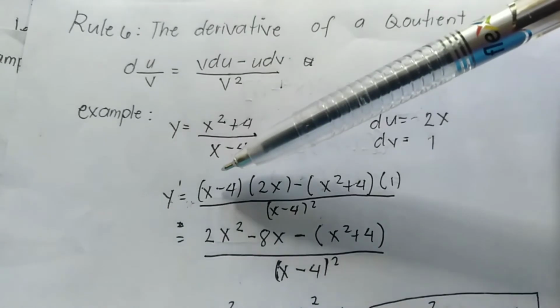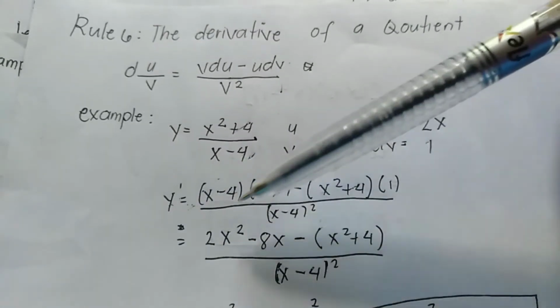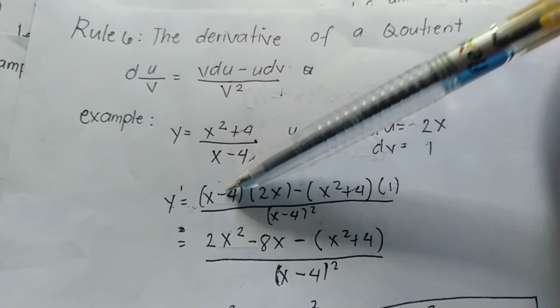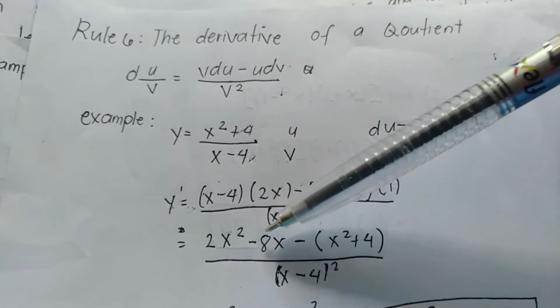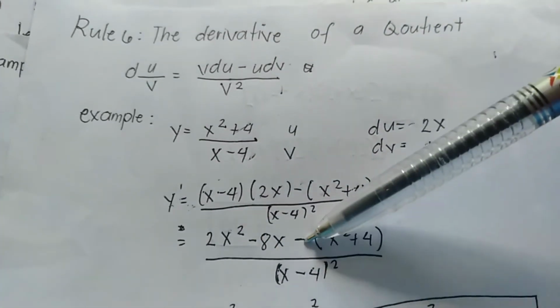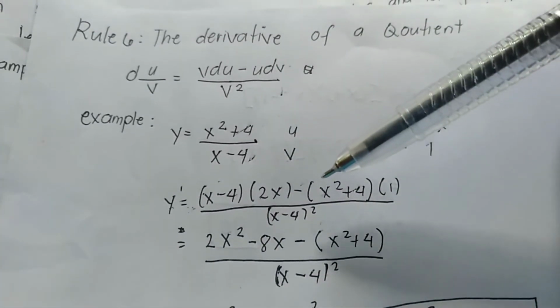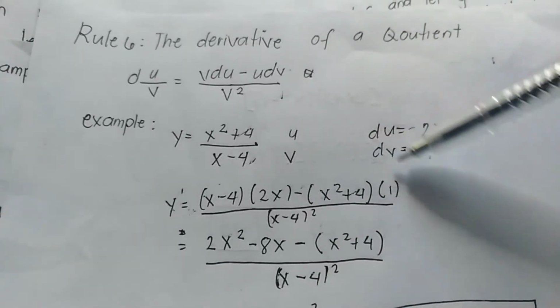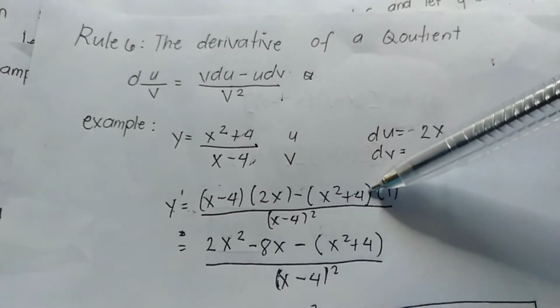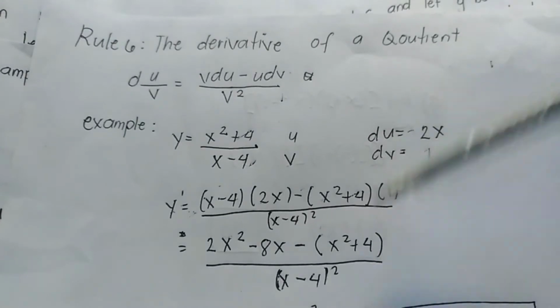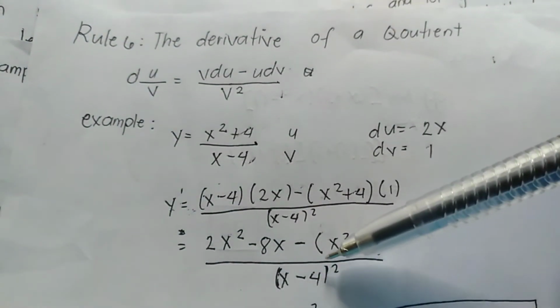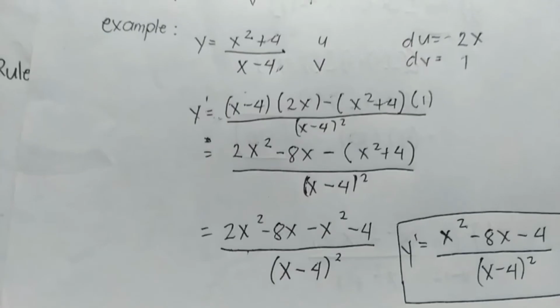Then simplify. x times 2x is 2x squared, and negative 4 times 2x is negative 8x, minus 1 times x squared plus 4, over x minus 4 squared.